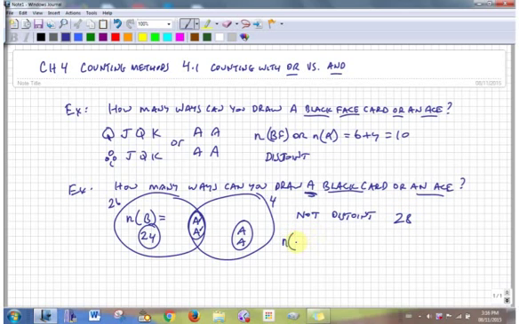And a little refresher as a formula, that would be the union of aces or black cards. That's the number of black cards plus the number of aces, but I have to subtract this intersection, the ones that are black and aces. So that's a little review.